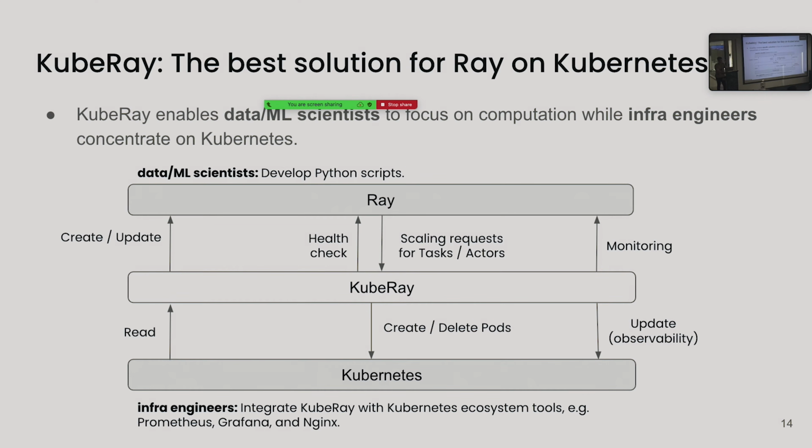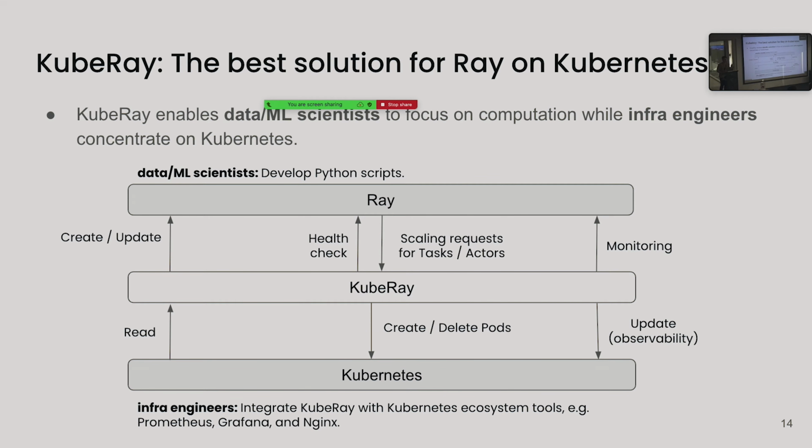I'm not sure how many of you have the context or experience with Kubernetes. If you do, you may know the Kubernetes operator, and KubeRay is a Ray Kubernetes operator. The goal of this project is to separate 2 kinds of users.